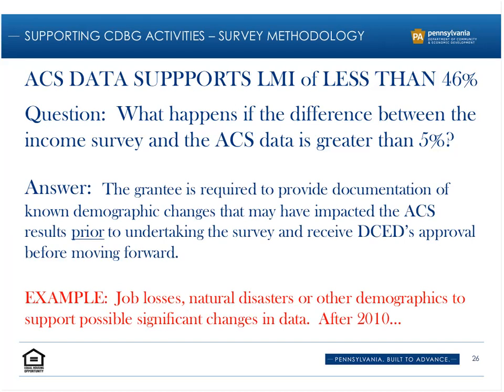So I just want to emphasize we don't want people to go out and waste their time. We want to know if there are significant changes that could support a significant jump in the survey results compared to the most current ACS. And while DCED is not comparing the 2000 census data, what we are doing is looking at what those trends are.